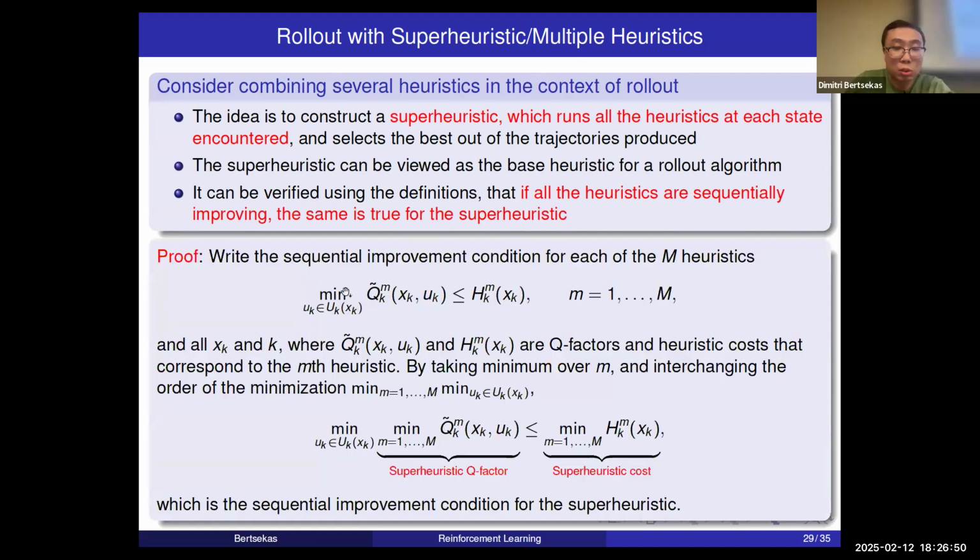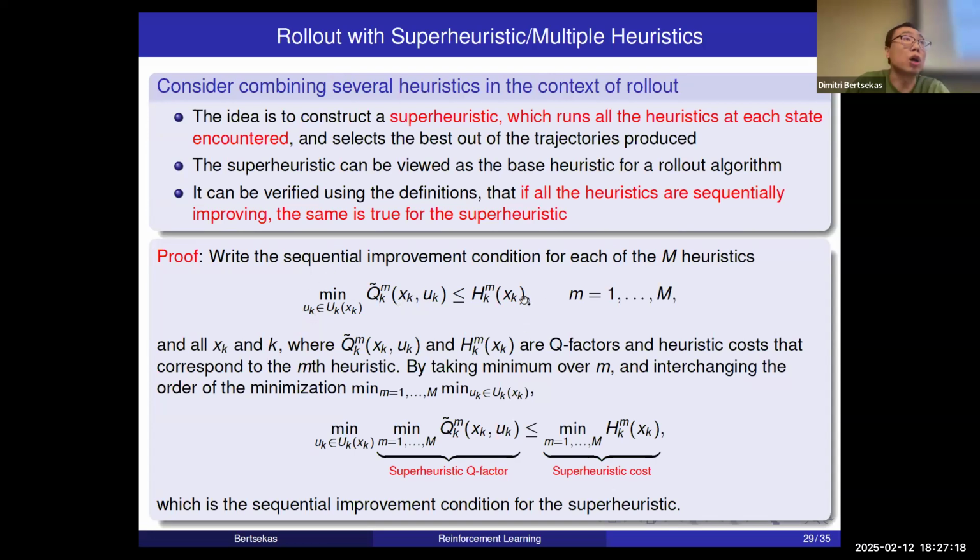The proof is straightforward. First of all, we write out explicitly the sequential improvement condition for each of the M heuristics. The sequential improvement condition says for every state, at every stage, its minimum Q factor should be no more than the heuristic cost starting from xk, right?